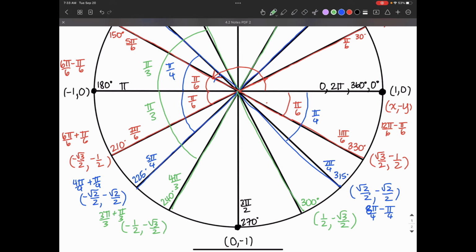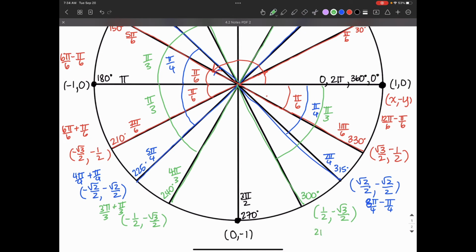And then this angle here I know is pi over 3. So I want to go full circle except minus pi over 3. So I'm going to do 2 pi minus pi over 3. I'm going to rewrite 2 pi as 6 pi over 3, and then I'm going to get 5 pi over 3.